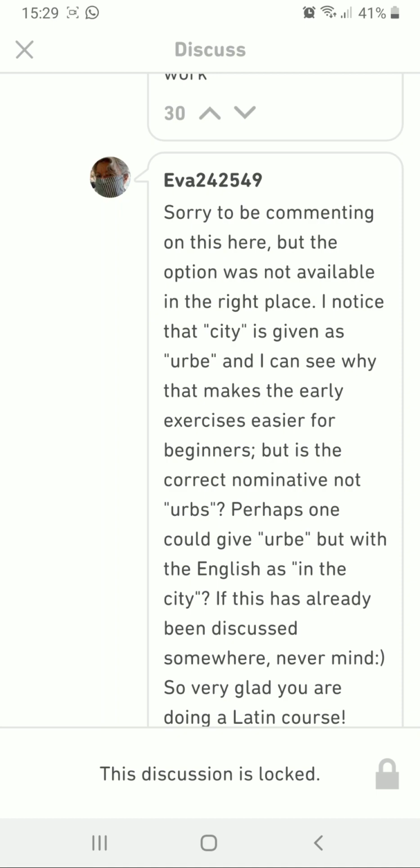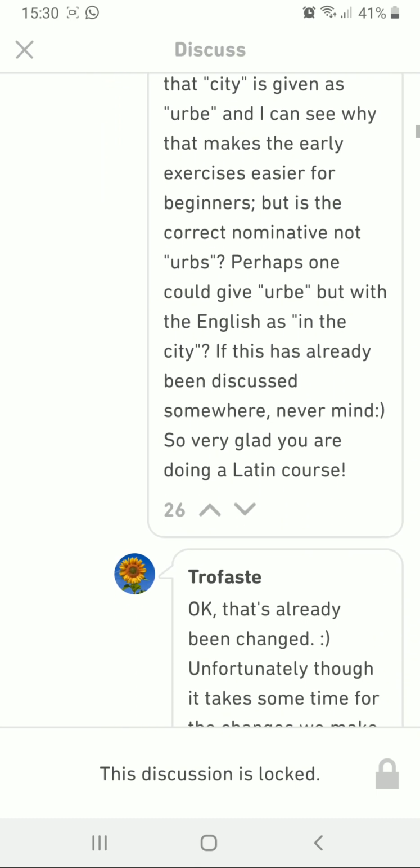But in the correct nominative, not urbs. So perhaps one could give urbe, but with the English as in the city.